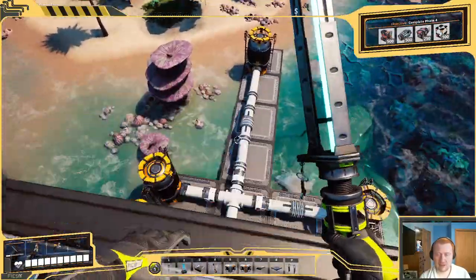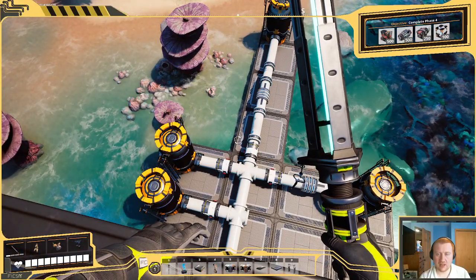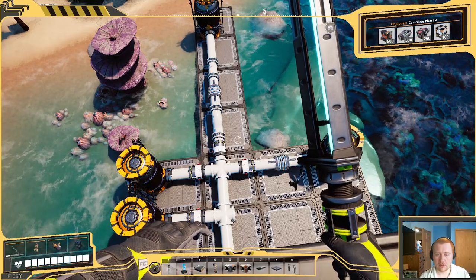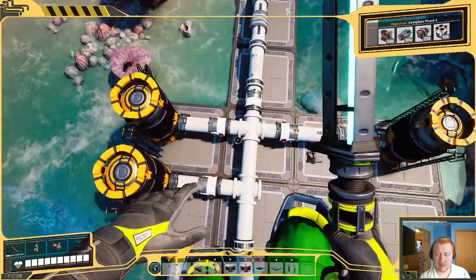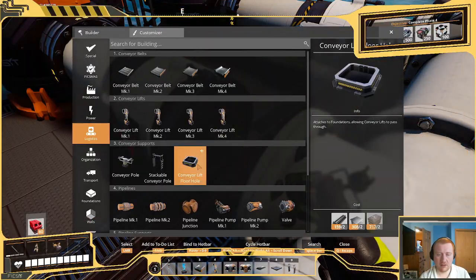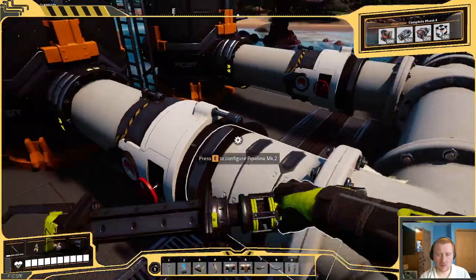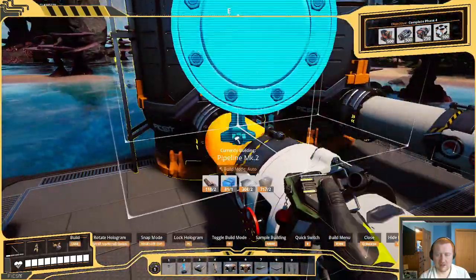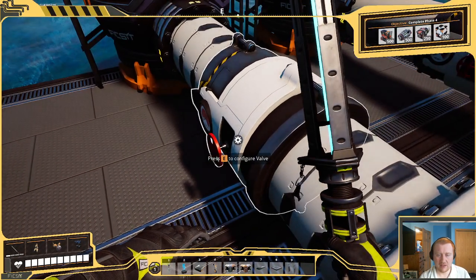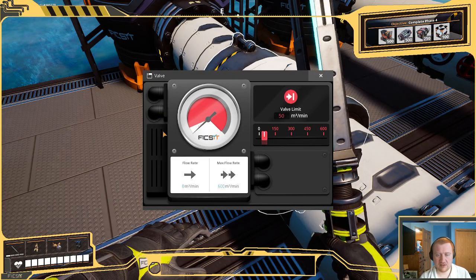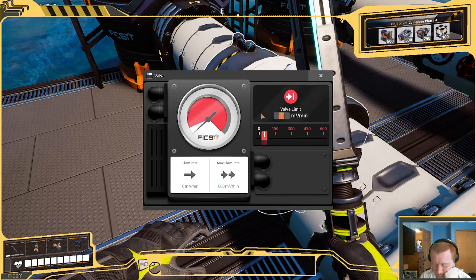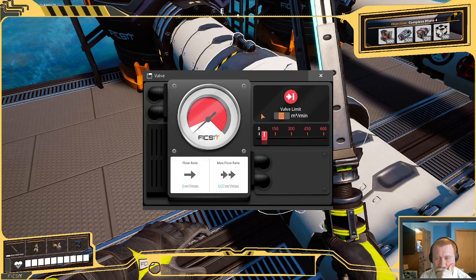I don't think the overflow buffer would be a bad example, but let's say that we didn't know about the whole process here, and then we put a Mark II pipe that can handle 600 meters cubed, and then let's say that the output of the system on this side was 600.